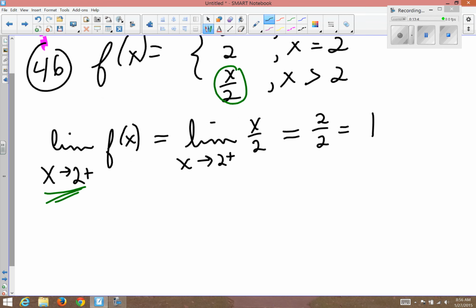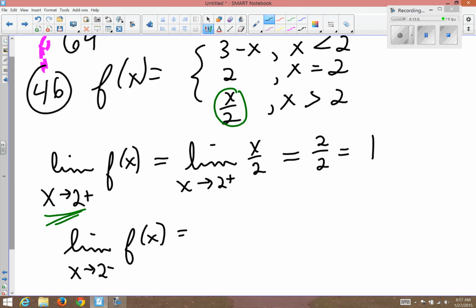It also asks in the directions for the limit of f of x as x approaches c from the left. It says find the limit of f of x as x approaches c, we're talking about the number 2, from the left. If x is on the left side of 2, say 1.9, f of x is this piece. If x is approaching 2 from the left, that means x is on the left side of 2.